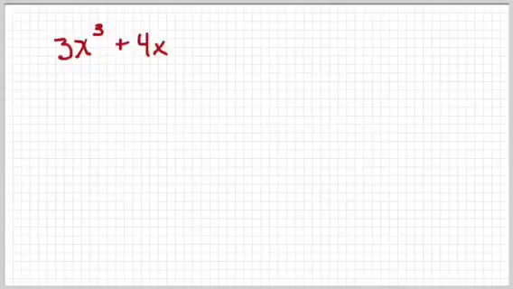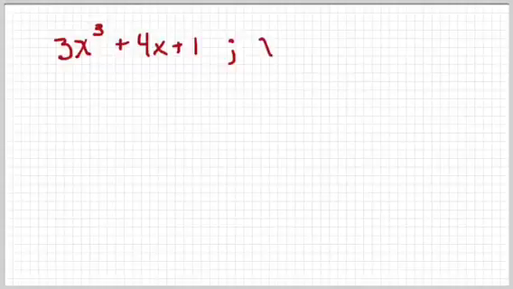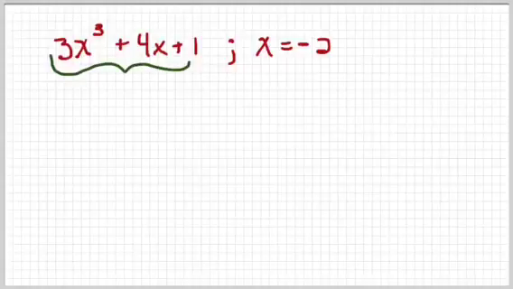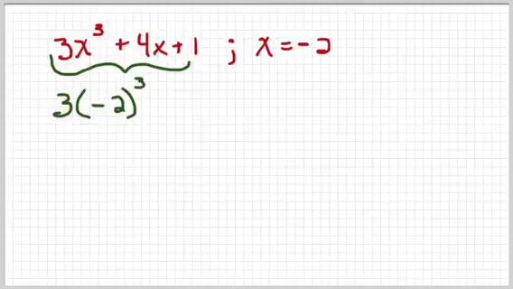Here's an evaluate problem. Let's say we have 3x cubed plus 4x plus 1, and we say evaluate for x equals -2, and that would all be given to you. Our goal is to just figure out what this expression is equal to when x is -2. So we do substitution.